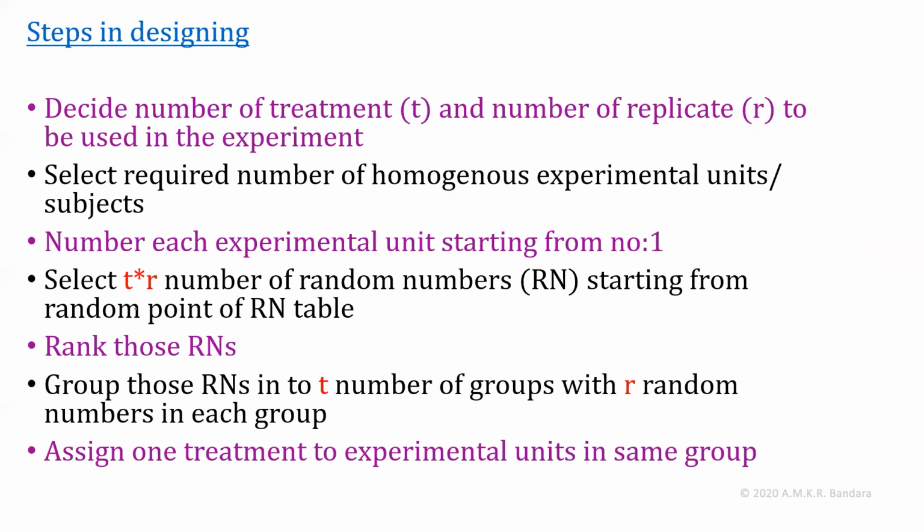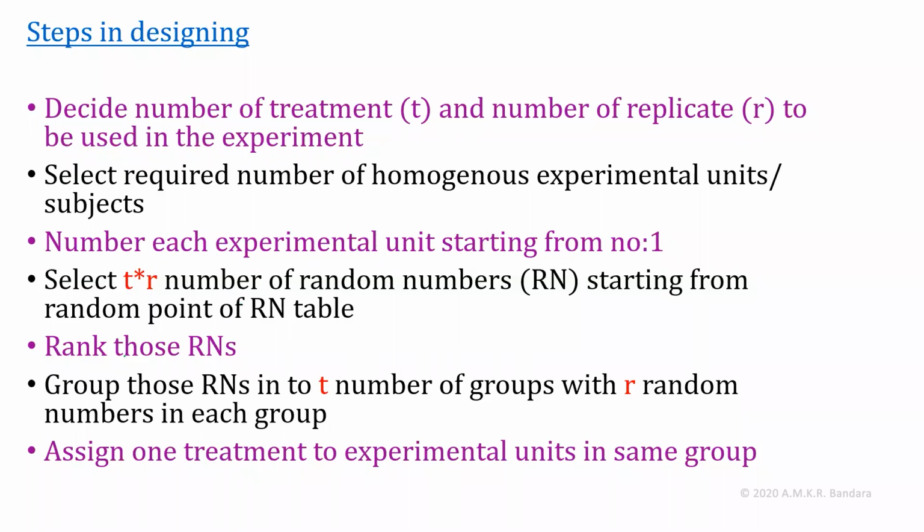Then select T into R random numbers starting from a random point of the random number table. You know how to draw random numbers from a random number table. Here you have to choose 6 random numbers from the random number table since we have 6 experimental units.